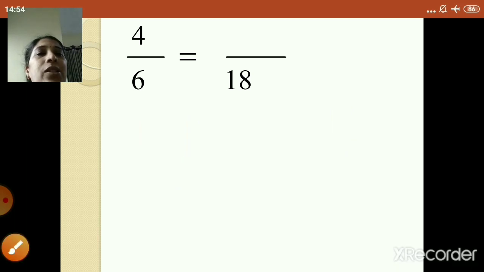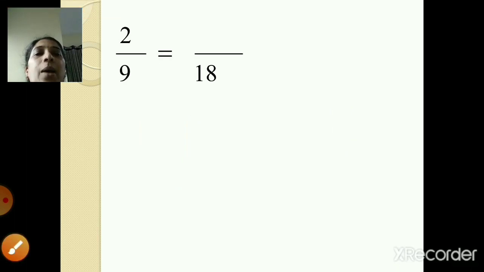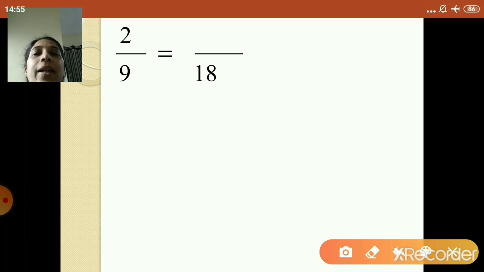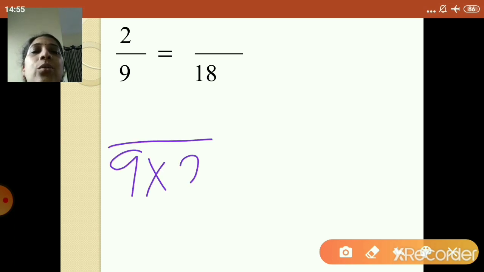Let's move to the next fraction. 2 upon 9 is equal to dash upon 18. So what we have done? 18 again will divide by 9. So 18 divided by 9, how much you get? 9 2s are 18. So what I'll do, 9 into 2.